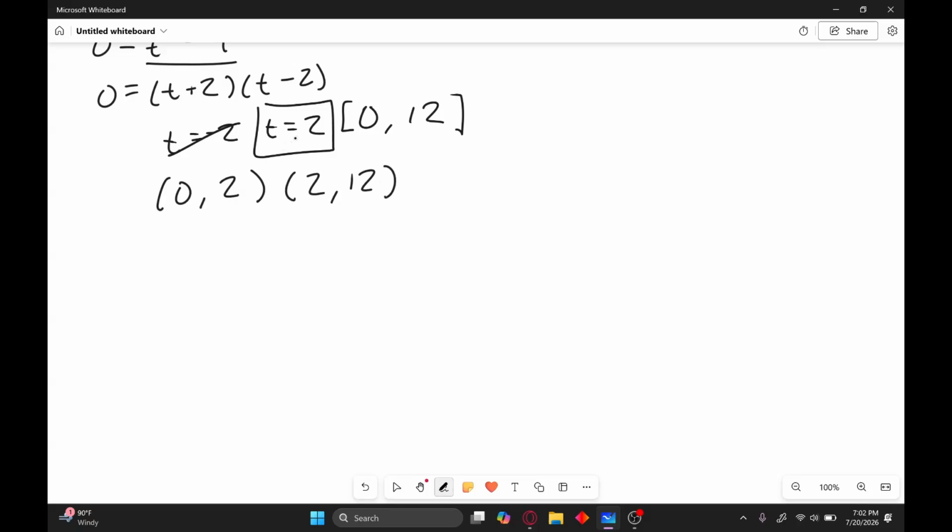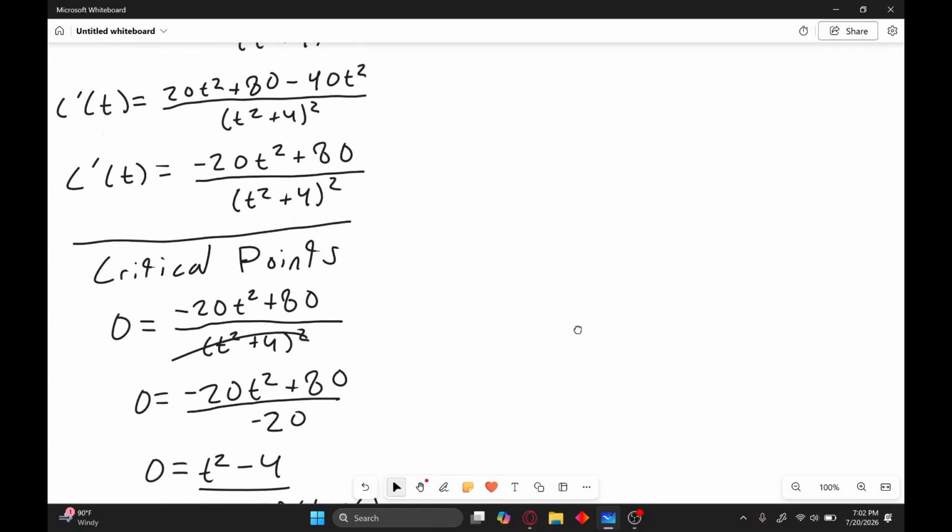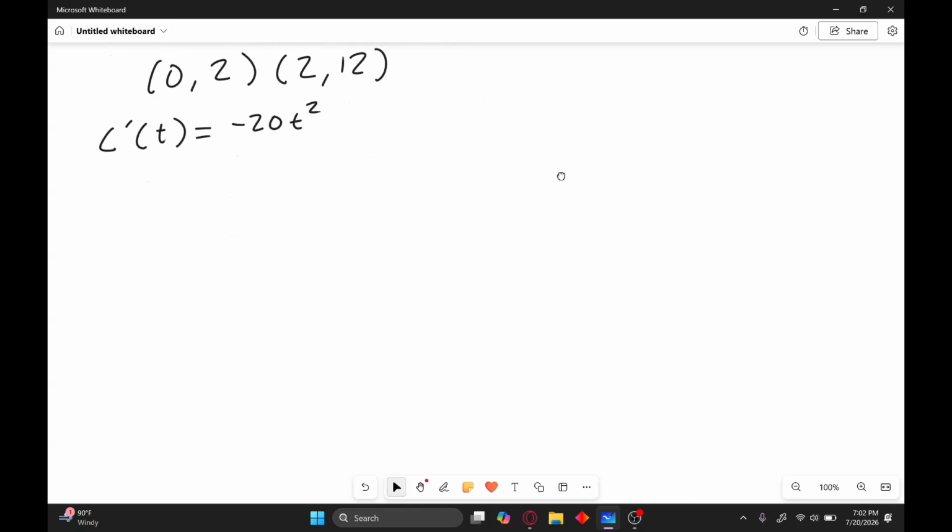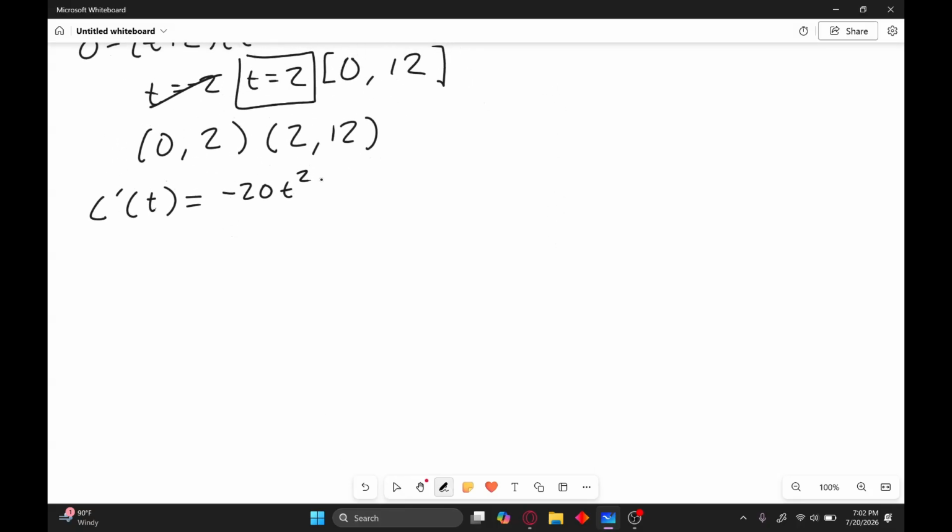And now we plug in numbers within these intervals to our derivative, and then we check the sign. So our derivative was C prime of t equals negative 20t squared plus 80 over t squared plus 4 squared.